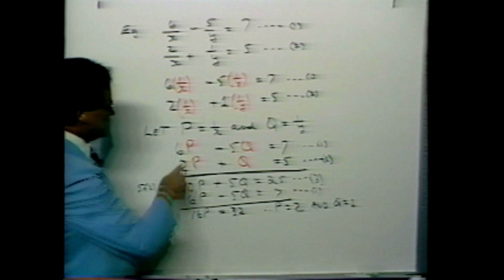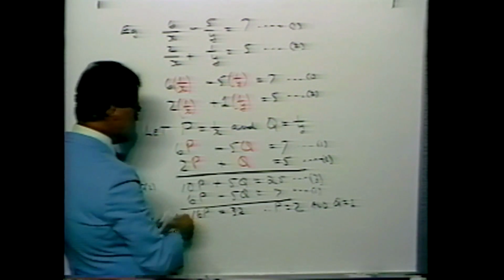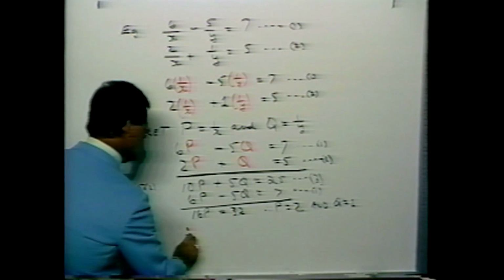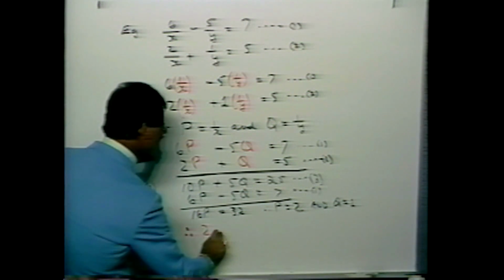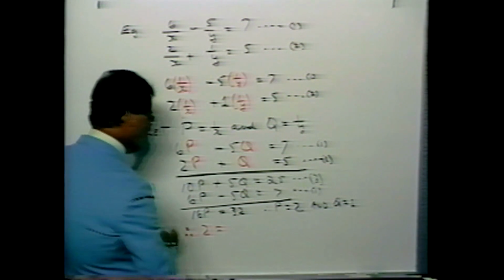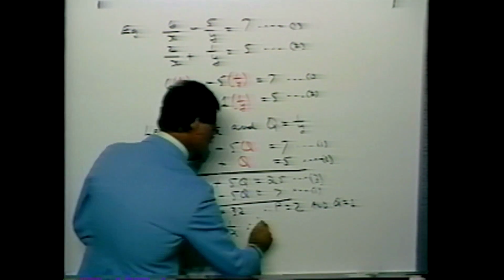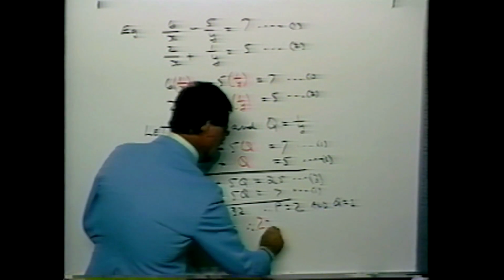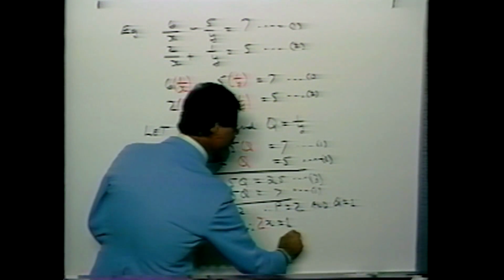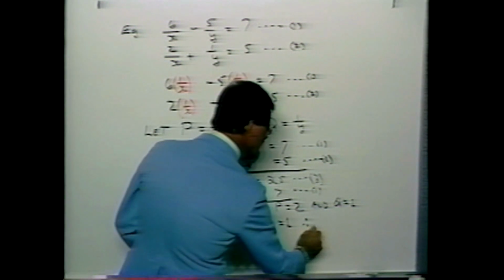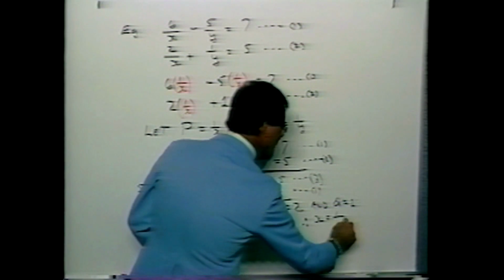So if p is equal to 2, what we're saying is that 2 is equal to 1 over x. Solving for x, 2x equals 1. Therefore, x is 1/2.